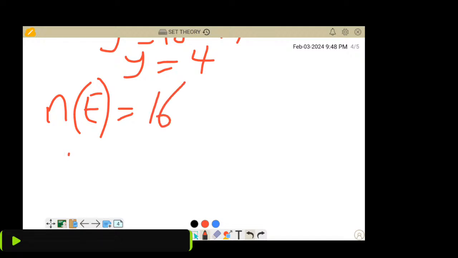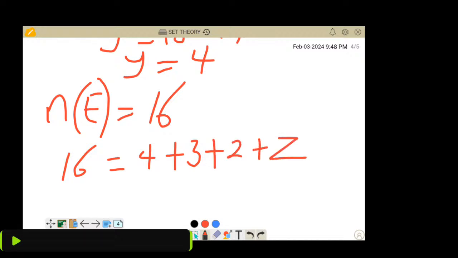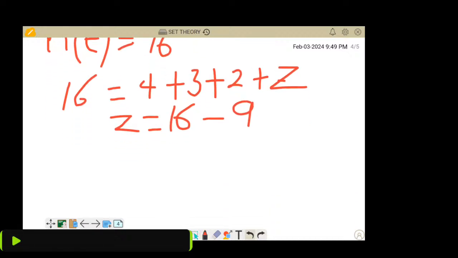So which means 16 will be equal to 4 plus 3 plus 2 plus Z. And we can easily say Z will be equal to 16 minus 9. And from there, our Z will be equal to 7.